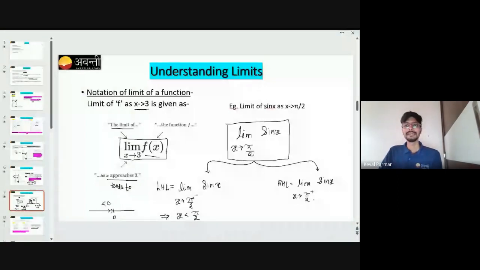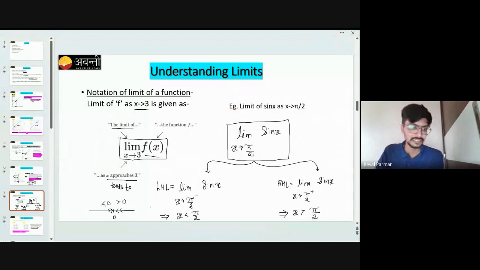Pi by 2 plus means we are approaching pi by 2 from right hand side. This means x is greater than pi by 2. For example, if you approach 0 from right hand side, that means x will be greater than 0. I hope these notations are clear because algebraically we will be using these notations.